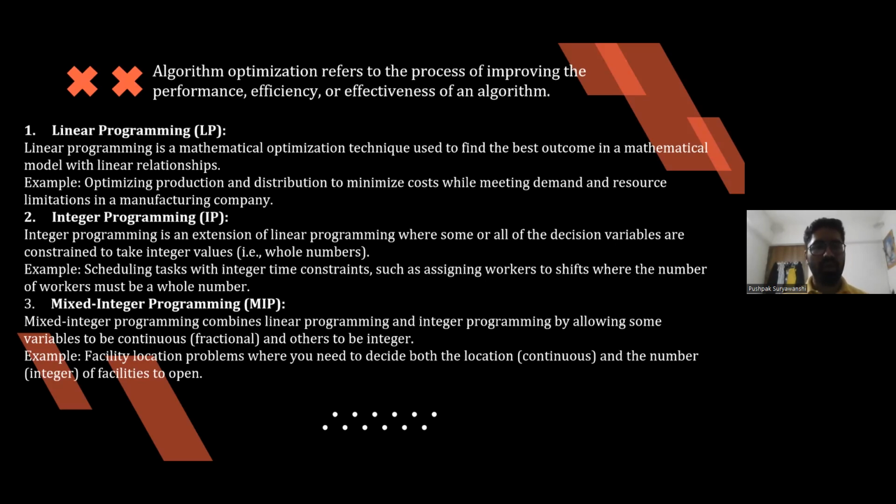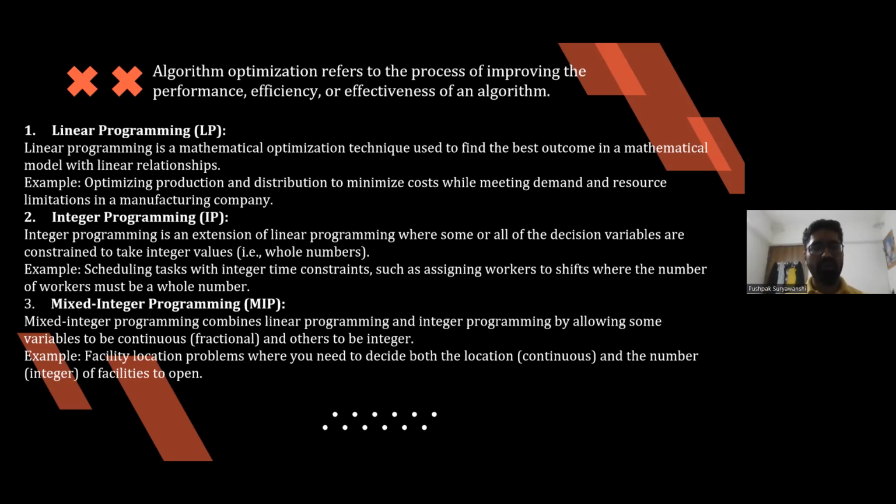Second is integer programming, where the numbers are considered whole numbers. It is basically an extension of linear programming. For example, a data set which consists of constraints such as assigning workers to shifts, where the number of workers must be a whole number and not a decimal number. In this case, integer programming may be very useful.